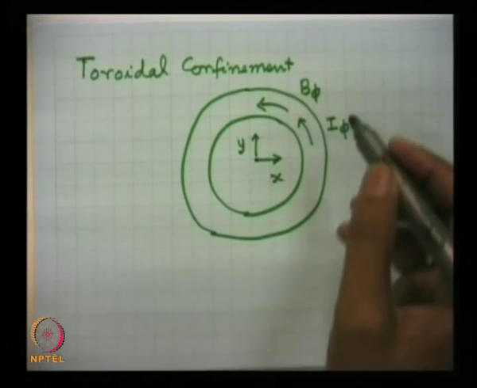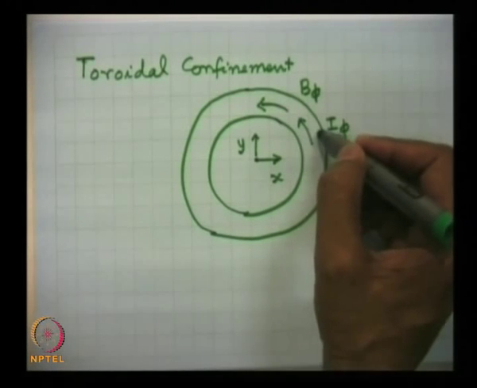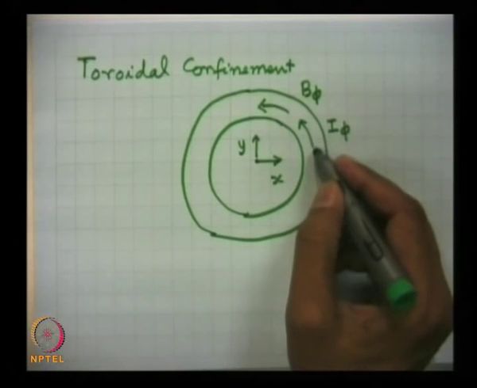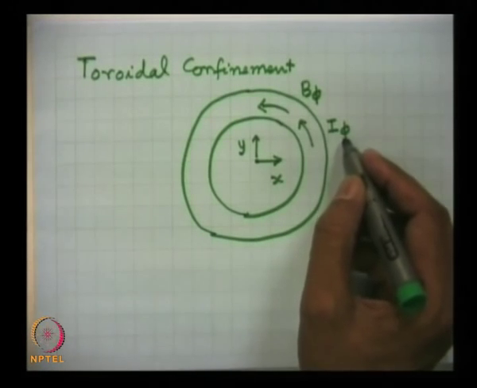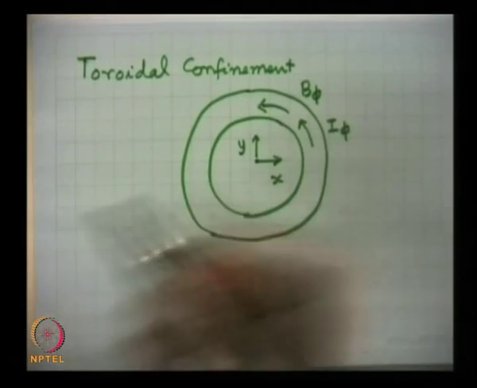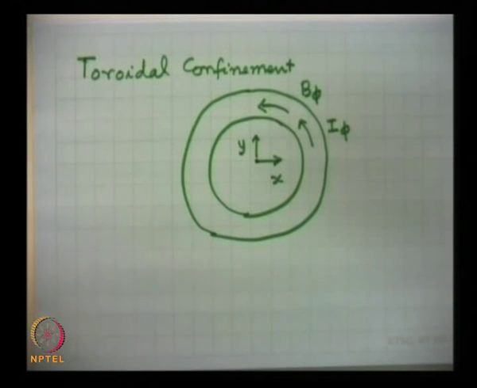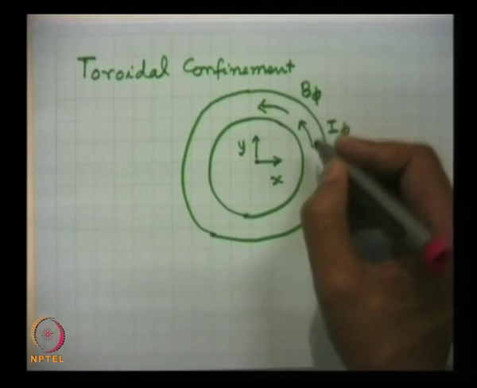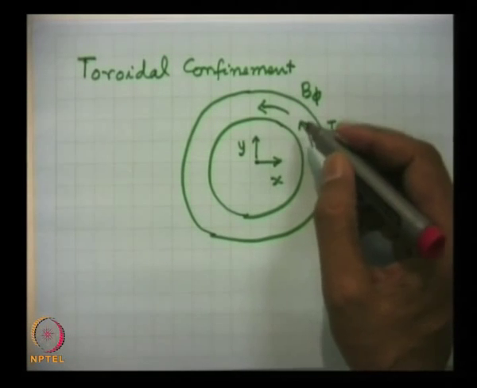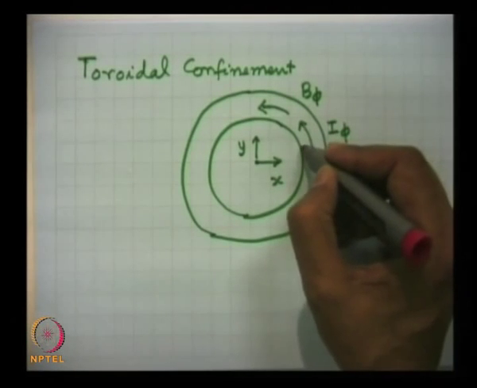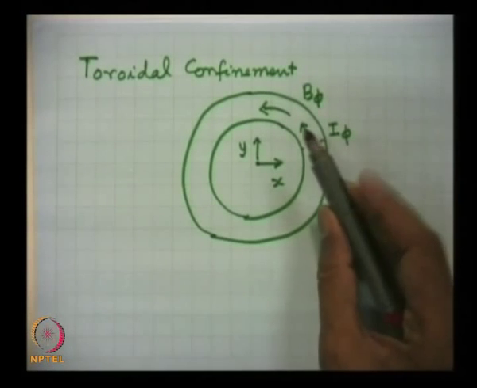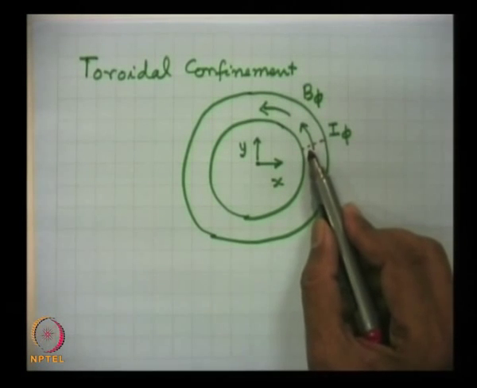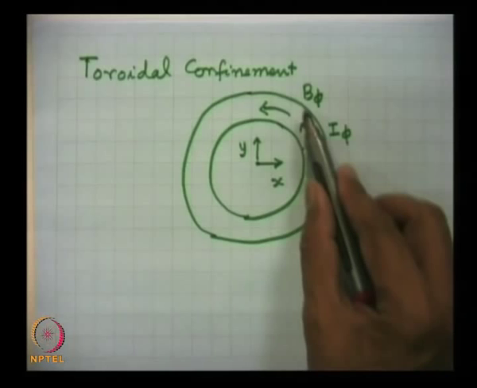But what I expect is that this azimuthal current I phi will produce a magnetic field, and the lines of force will be perpendicular to this direction. If I draw a plane perpendicular to the phi direction, then the lines of force will be circles about this phi direction, phi cap.